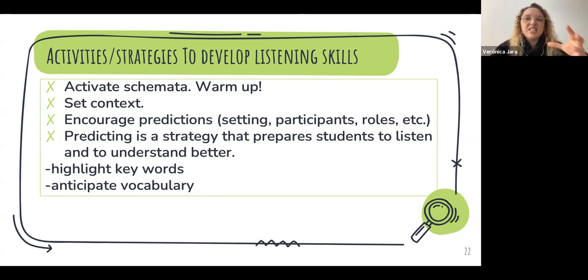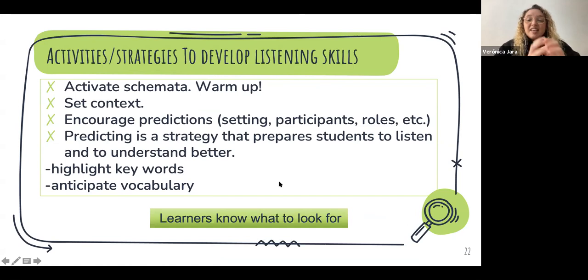What kind of ideas do you expect to hear? Because this gives learners a clear picture of what to look for. As I was saying earlier, this equips them better, or gets them ready to listen and to understand better.